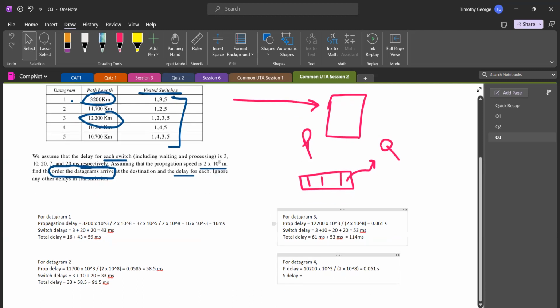So switch 1 is 3, switch 4 is 7, switch 5 is 20. So that's 30 milliseconds. So total, 30 plus 51, is 81 milliseconds.